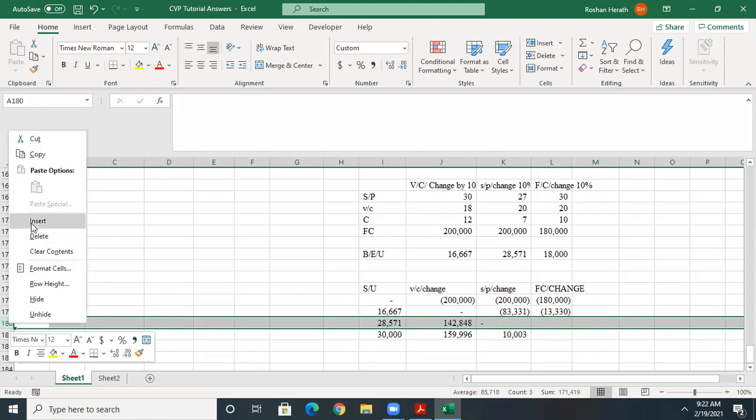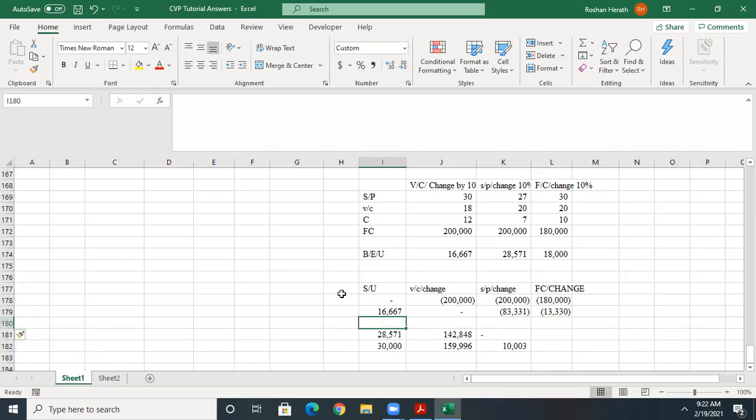If you have to do that manually, you don't need this much of levels. But since I'm doing that in the computer, I'm taking all the levels. So here we need to compute for 18,000 units level. What is the situation as well? There comes the contribution. It's 12. That is the profit.